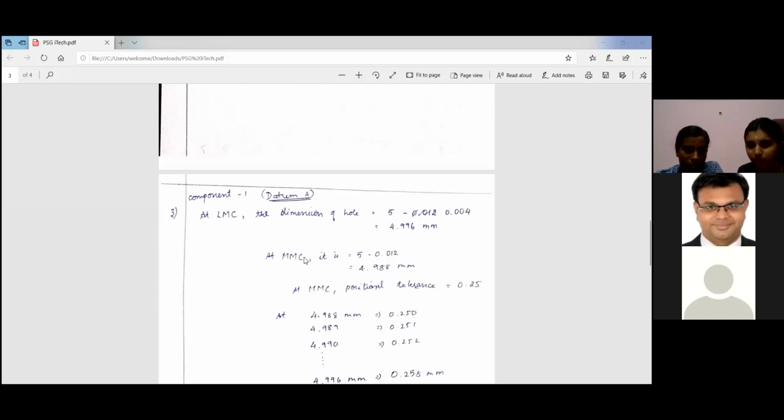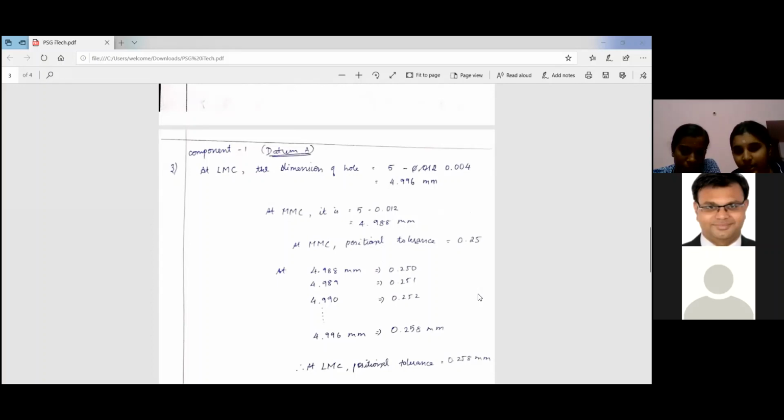The question asks to find the positional tolerance at LMC, but in the datum feature, the positional tolerance is given only for maximum material condition. So at MMC, the positional tolerance will be 0.25 as mentioned in the question. When the diameter is 4.988, the positional tolerance will be 0.250. And when the diameter increases, the positional tolerance continuously increases along with it.